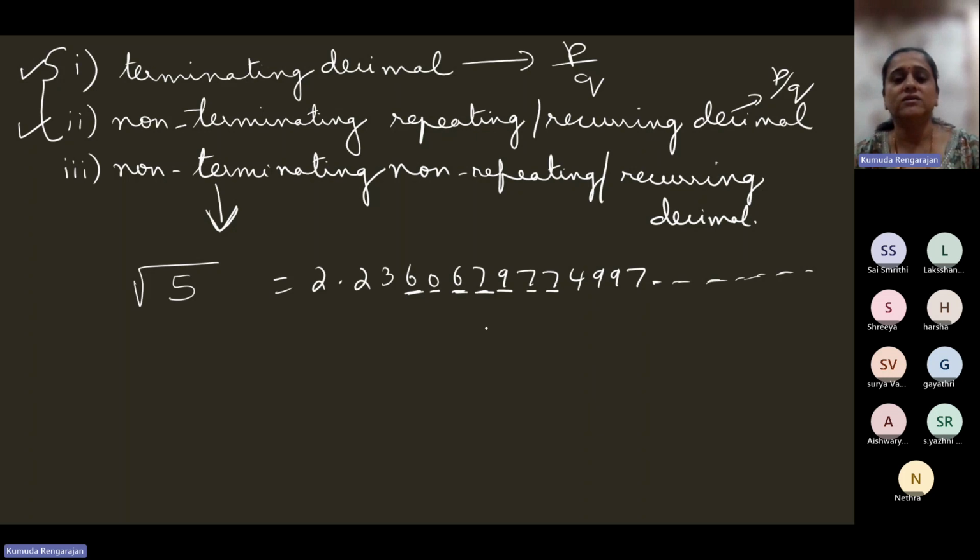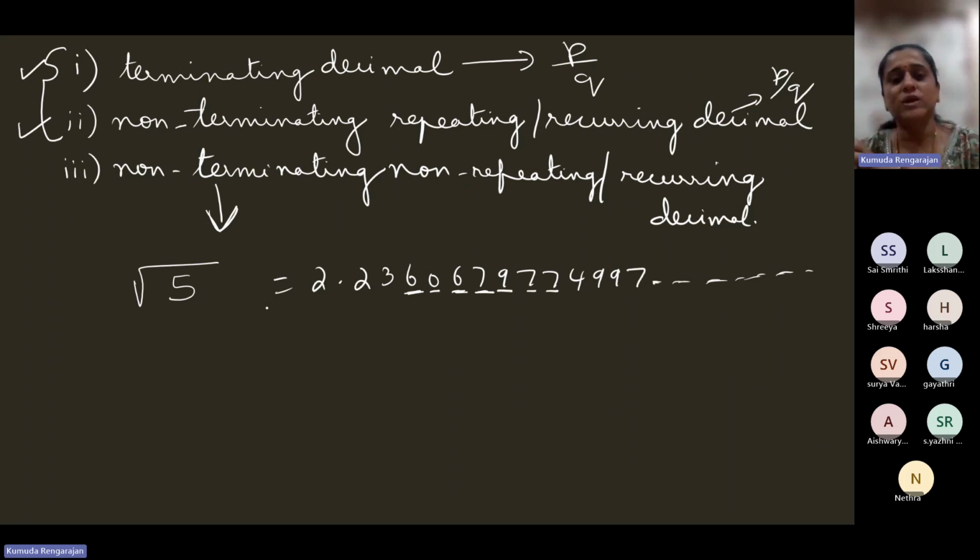You don't find a pattern. My calculator shows, I think, 12 digits or 15 digits. You can count here. So you take a bigger calculator which can display more digits. You will see that you will not find a pattern. You will not see a digit or a set of digits repeating themselves.